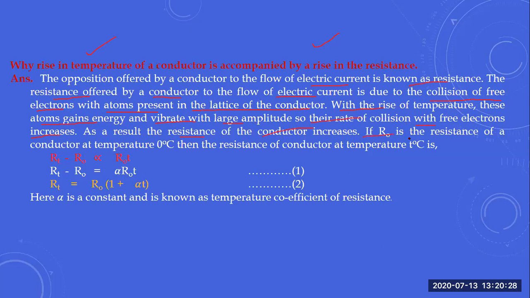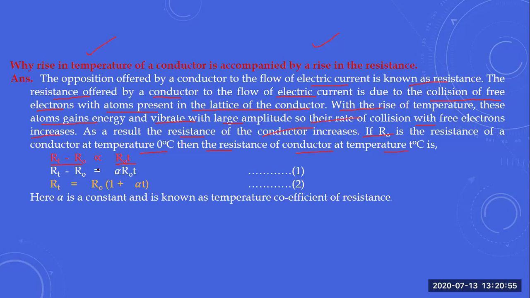If R naught is the resistance of a conductor at temperature 0 degrees Celsius, then R is the resistance at temperature T. It is directly proportional to R naught and the temperature.